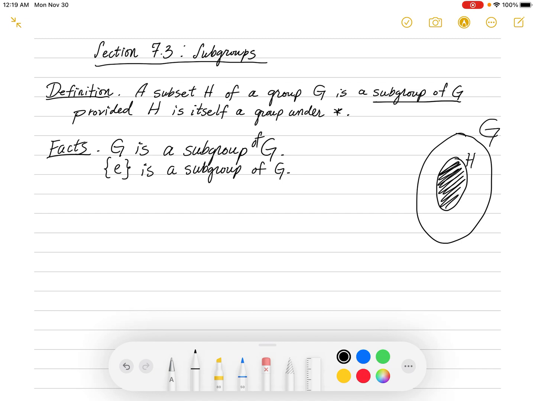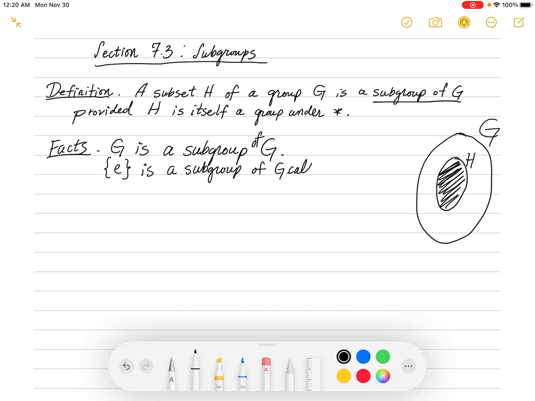It's contained in G. It's closed under the star operation. So if I took the identity times the identity, I get the identity. That's the only element. It has the identity. All right, it has associativity. And it has inverses, right? E inverse is E. So it has the 4 axioms.